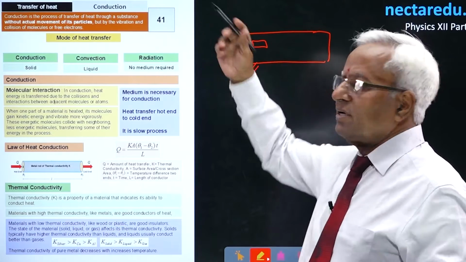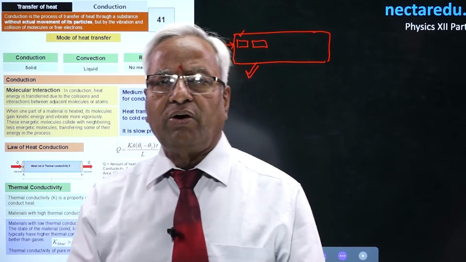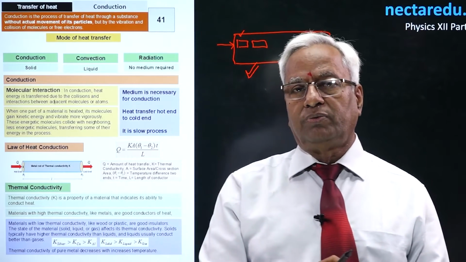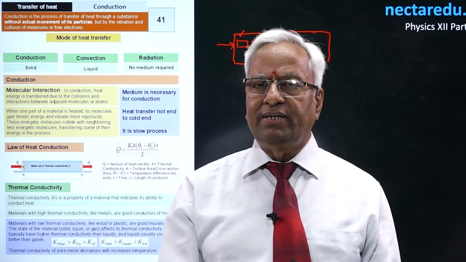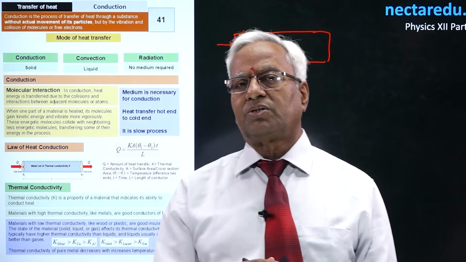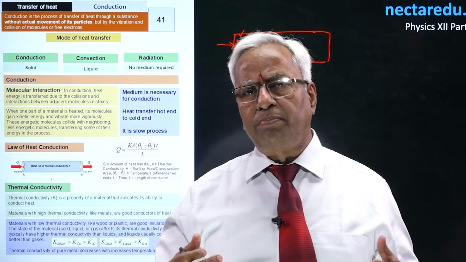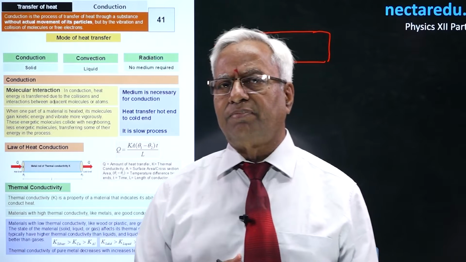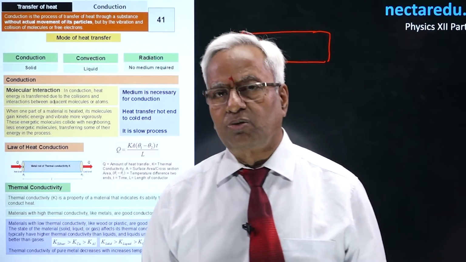Conduction, then convection. The convection process is basically for fluids, and fluid means that which can flow, that is liquids and gases. Convection takes place in both liquids and gases. We could say this process is better defined in the case of liquids, but equally it takes place in gases also.